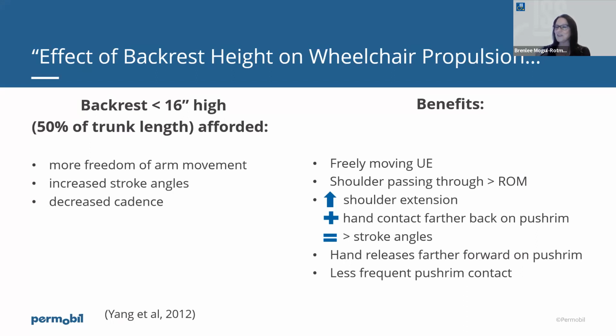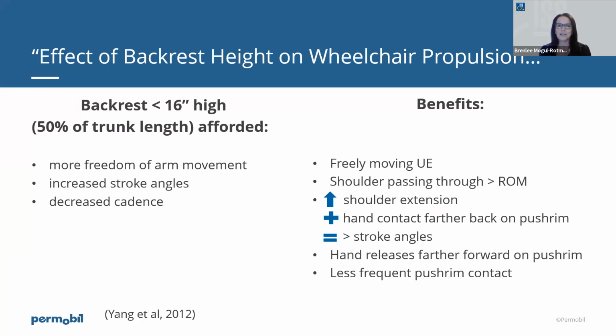And though we know that using a lower back support is better for optimal propulsion and less risk of upper extremity stress and strain, we also have to really think about whether that lower back support is providing enough support. So again, you need to look beyond propulsion, look at the other activities of daily living, look at the other things that the client is doing in the chair, because again, it brings back that compromise. We need the client to be free to propel.